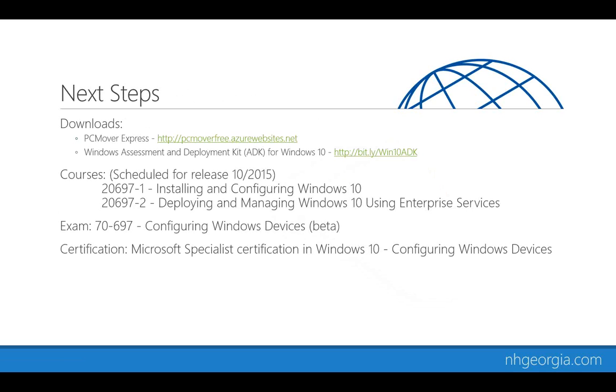And if you pass it, you get credit for the certification later on. Incidentally, the certification you would officially get is actually a specialist certification. So there's not a full-blown MCSE or MCSA for this process just yet, but currently it's a specialist certification for Windows 10 configuring devices. So if you're interested, hit those downloads, gang. Get those. They're free. Why not, right? And then be ready for those courses to go live and that exam to go live.